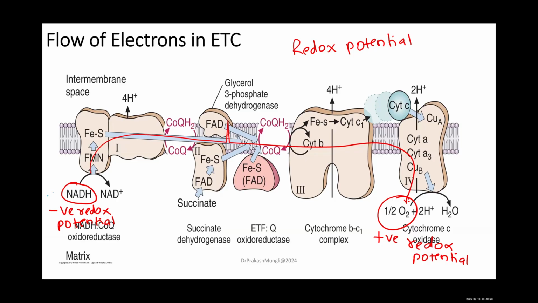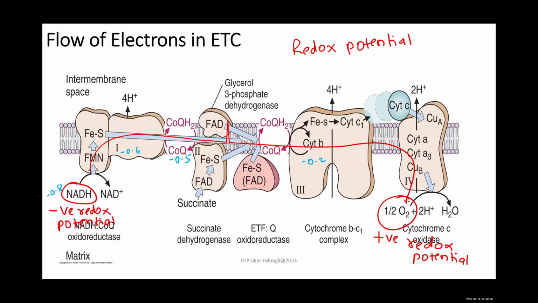So I'm going to write minus 0.8 here. Remember, negative redox potential. And then complex 1, I'm going to write minus 0.6. And coenzyme Q, I'm going to write here, minus 0.5. And then complex 3, I'm going to write minus 0.2.